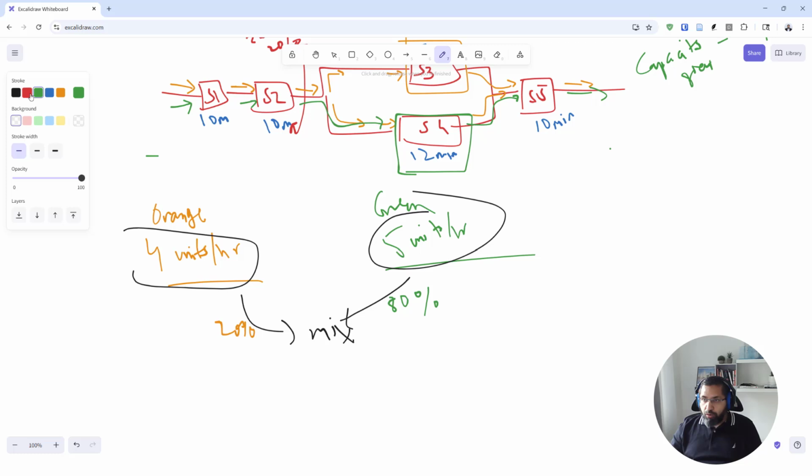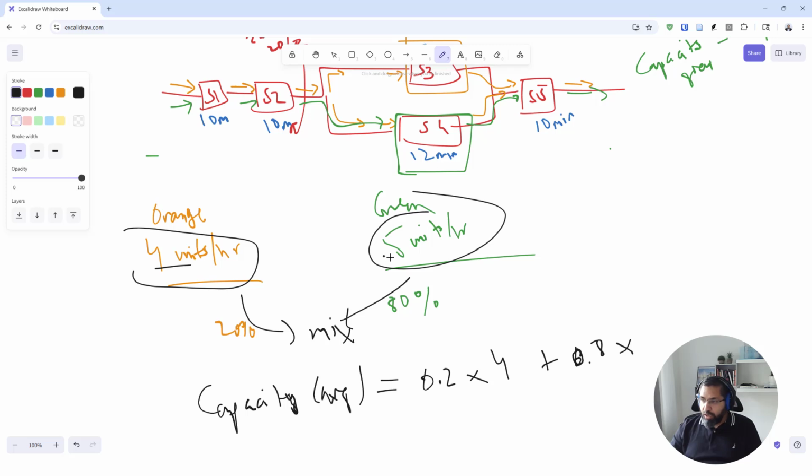This will not be an exact capacity each hour, because if in 1 hour we only got orange, it will be 4, and the next hour if we only got green applications, it will be 5. But usually we're going to get a 20-80 mix. So the average capacity will be 20% times the orange capacity of 4 plus 80% times the green capacity of 5, and then we just calculate that.